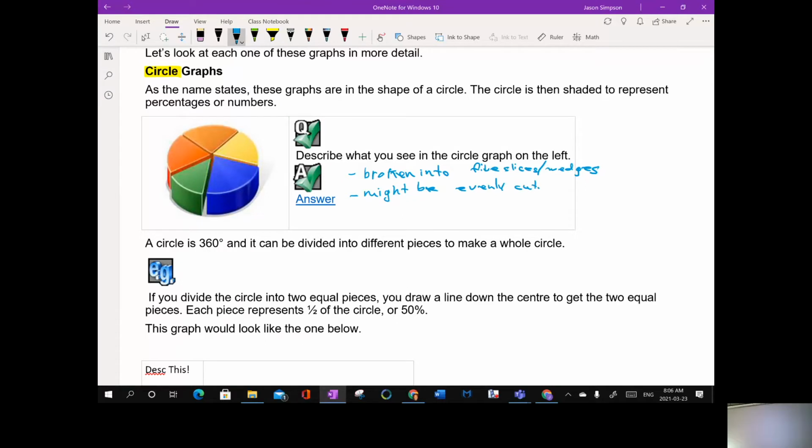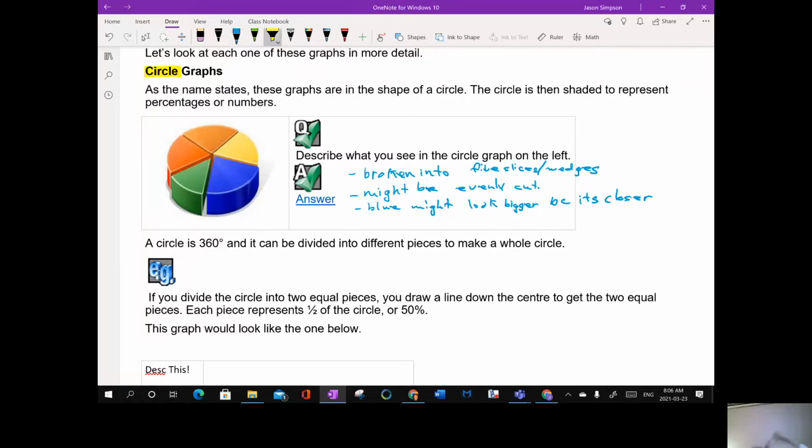They might not look the same size, though. The blue might look a little bigger because that's the closest piece to us. So blue might look bigger because it's closer to us.